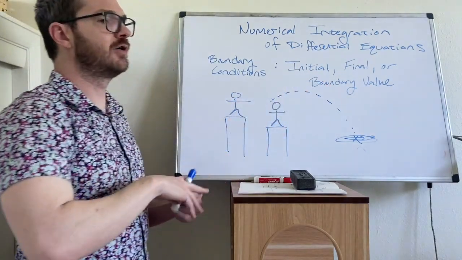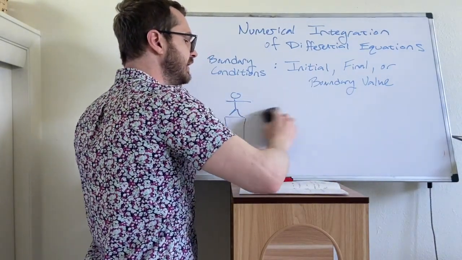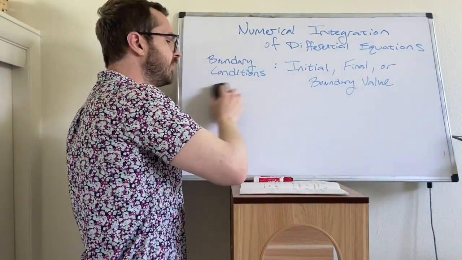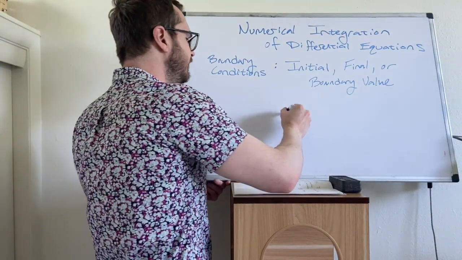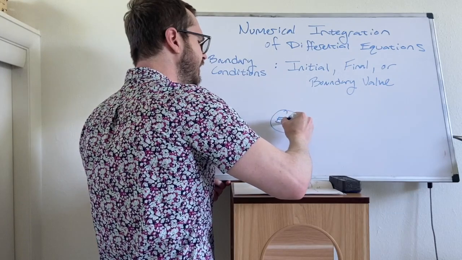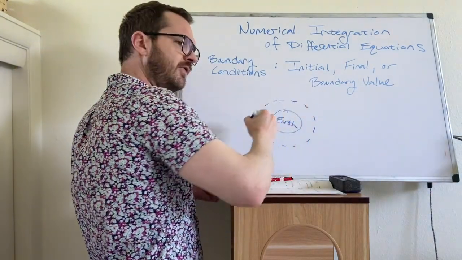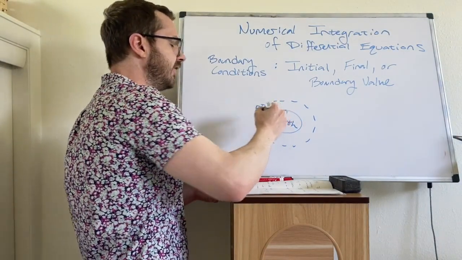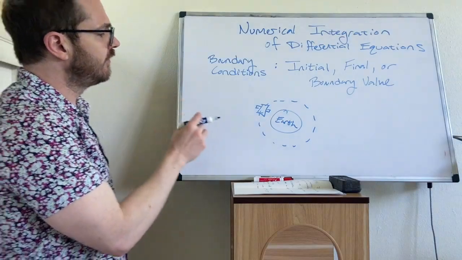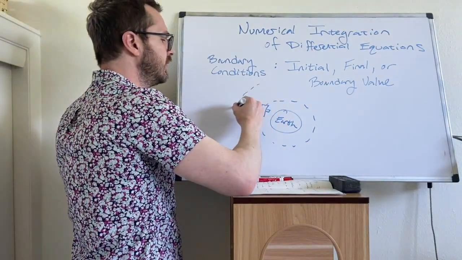Now, boundary value problems, these are very interesting. You can see them crop up in controls problems and optimization problems. One example: suppose that here is planet Earth, and in some orbit around the planet, we have a satellite. We want to move this satellite from its current orbit to a higher altitude.